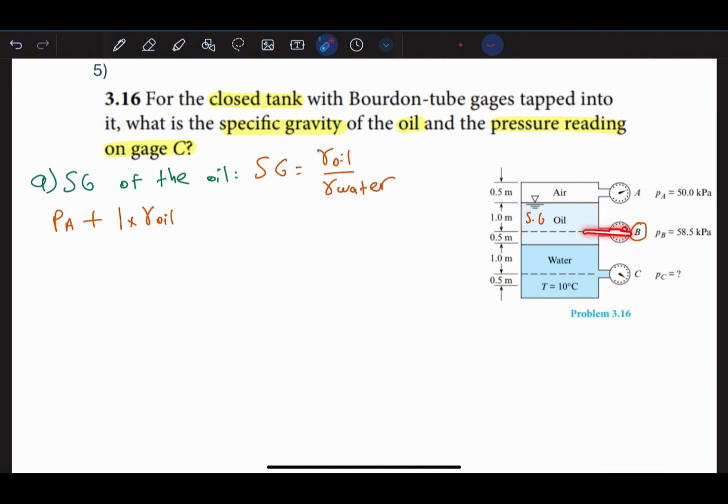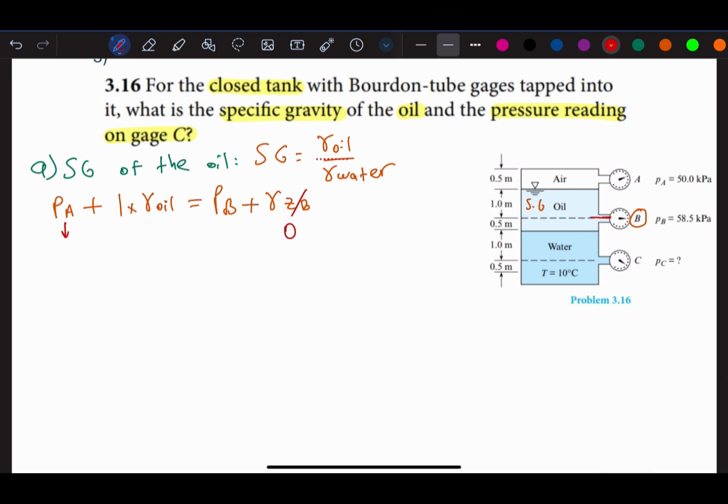It will be equal to pressure B. So let's say PB plus gamma, and let's say ZB, which is the height of B. But since we are at the level of B, we can assume this as 0.